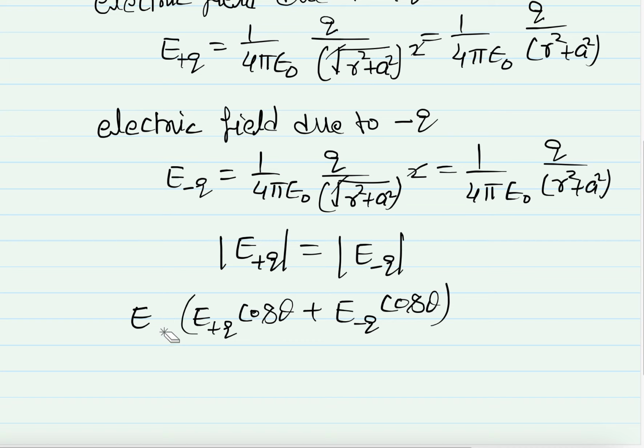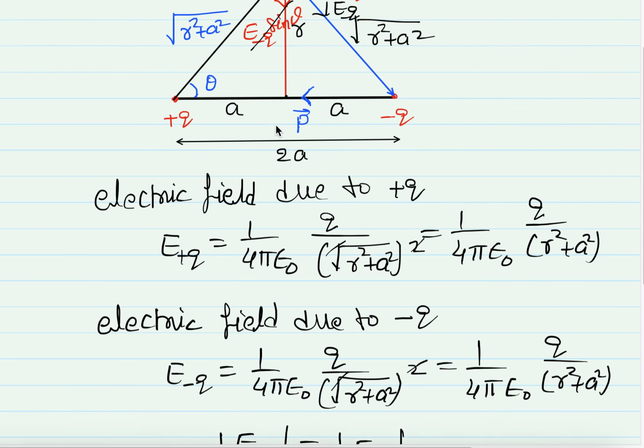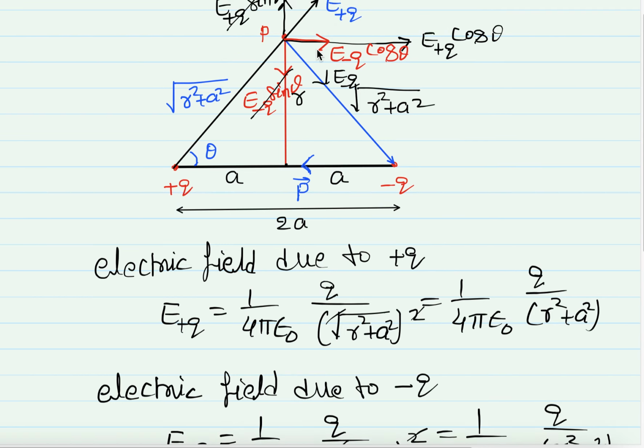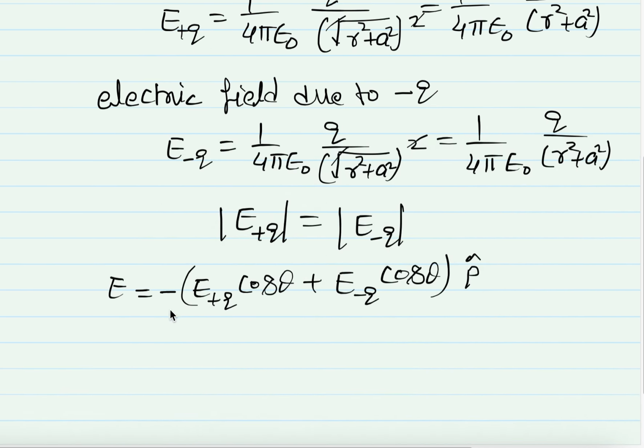But this net electric field is opposite to the direction of the electric dipole moment, so we'll take the negative sign. If you observe the diagram, the direction of dipole moment is from negative to positive, but the horizontal components are opposite to the direction of dipole moment, so we are taking the negative sign.